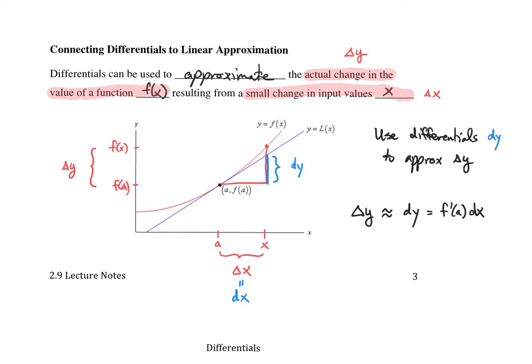You could also write this as f prime of a times delta x because, again, delta x and dx are the same. In fact, these are our independent variable, and the dy is our dependent variable.